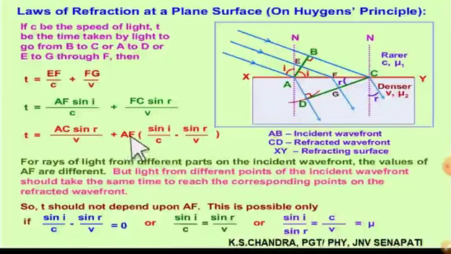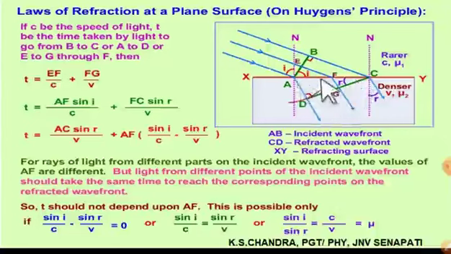Now, if you take different points on this AB, suppose you take your E somewhere here, then F will be somewhere here. So the time taken by the light ray from any point on AB to reach the point on CD should be independent of this distance AF.